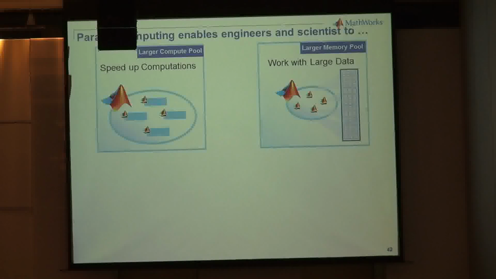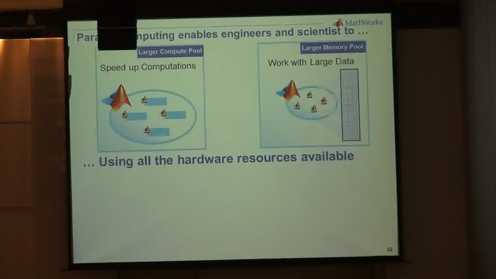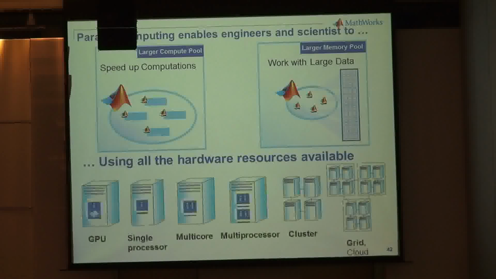That's what parallel computing is about. From the MathWorks perspective, you want to use the hardware resources you have available, whether it be your desktop, a GPU, a single processor, a multi-core processor. Kind of actually hard to find a single core, single processor anymore. Even cell phones now are multiple core. Multiple processor, cluster, clouds, but we want that to be transparent to you, the user.